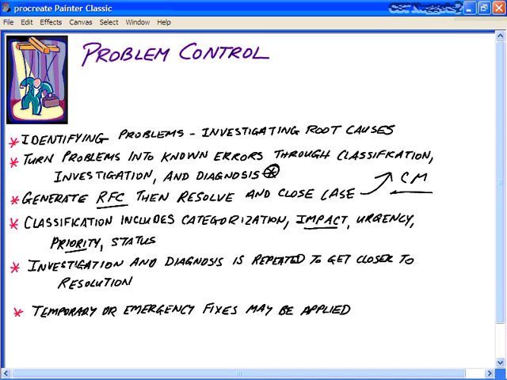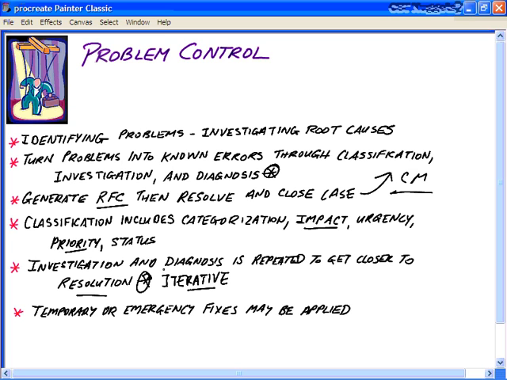And then, of course, problem control deals with investigation and diagnosis. This is a repeated process, or another word that you'll hear used is an iterative process. Think about a DNS query, for example, moving through different layers of the DNS hierarchy to resolve a domain name. This is an iterative process as well, repeated over and over till we get closer to resolution.